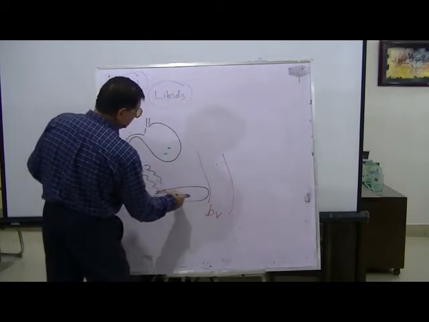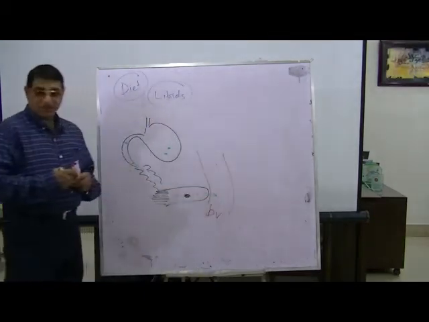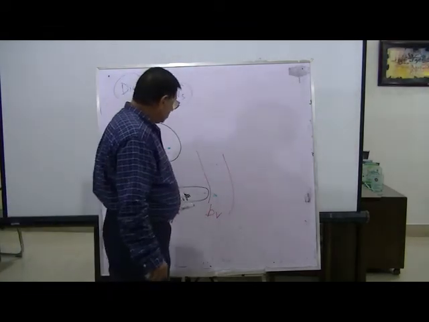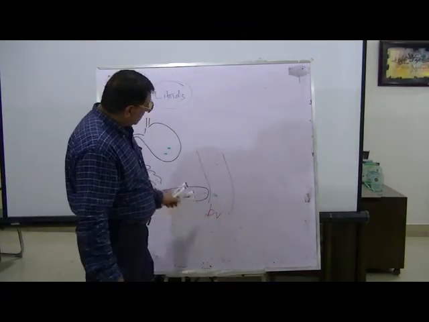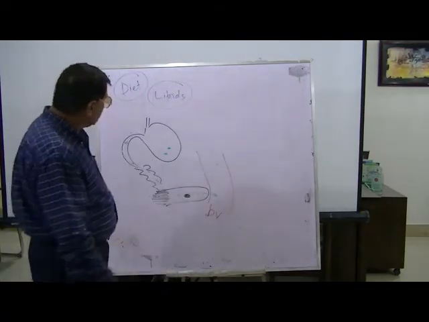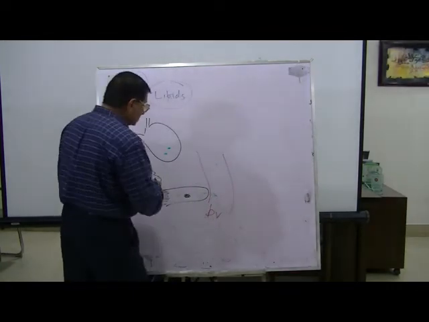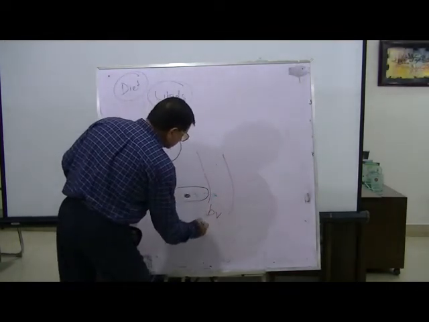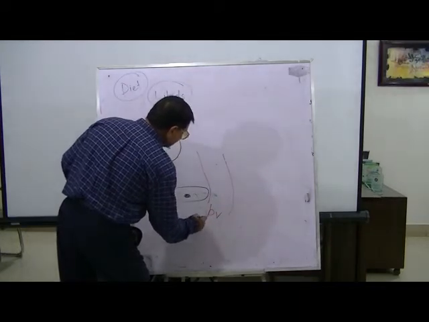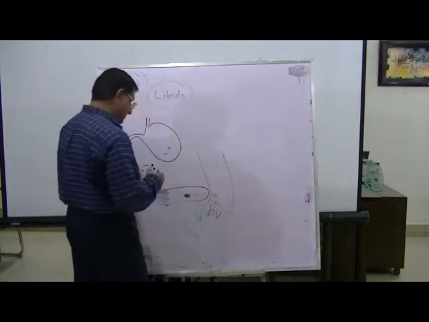The smaller ones, small chain fatty acids, etc., enter directly, while the other ones enter into the lacteals first. And these lacteals also enter the blood vessel.